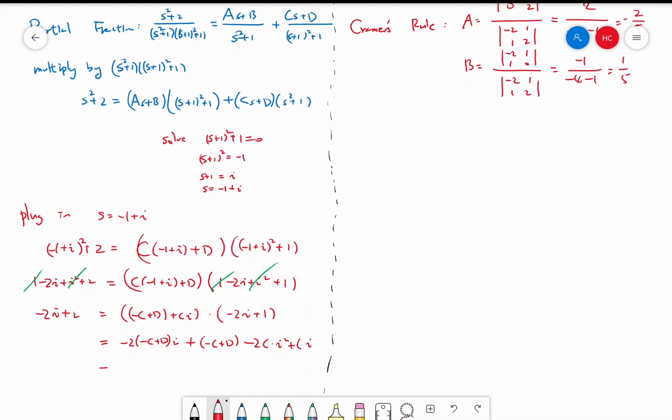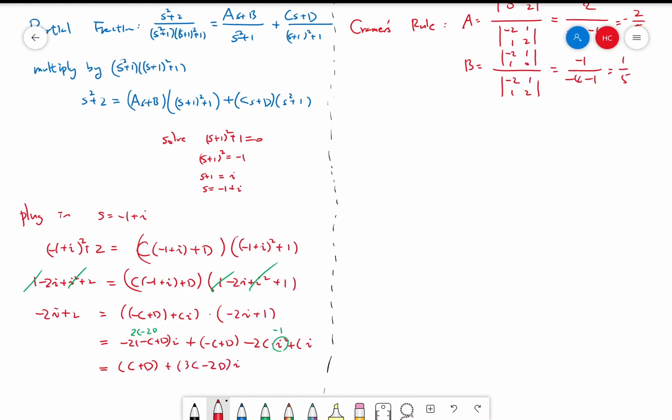And then if we combine the real and imaginary parts, the real part is going to be, so this is -1, so this is plus 2c, so the real part is c + d. And the imaginary part is 2c - 2d here, and then we're adding a c here, so it's (3c - 2d) times i.